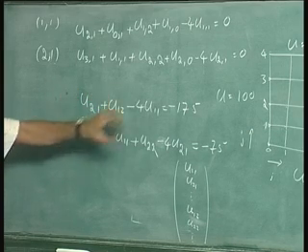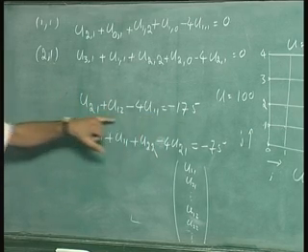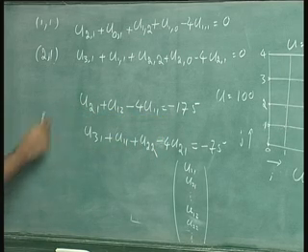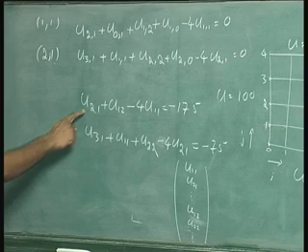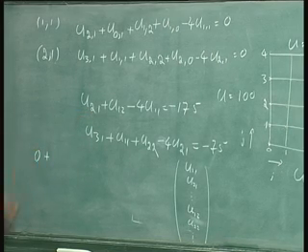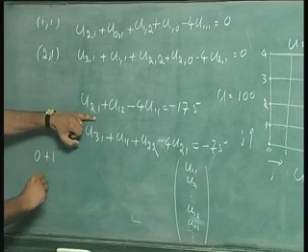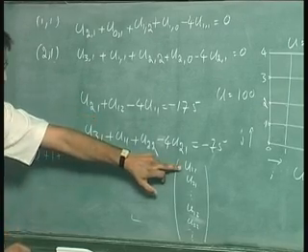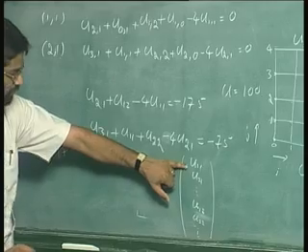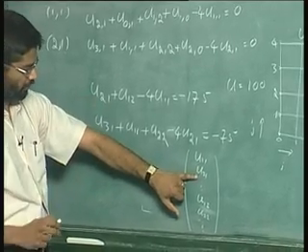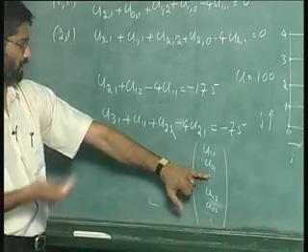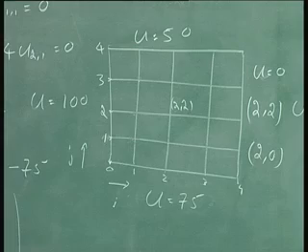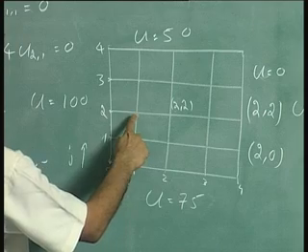If I write the first row, the first equation, U11 is not 0, it is minus 4, U21 is 1, U31 is 0, U41 is 0.